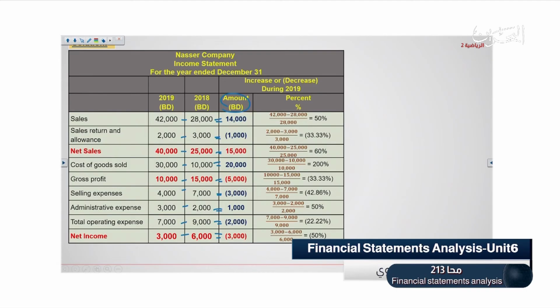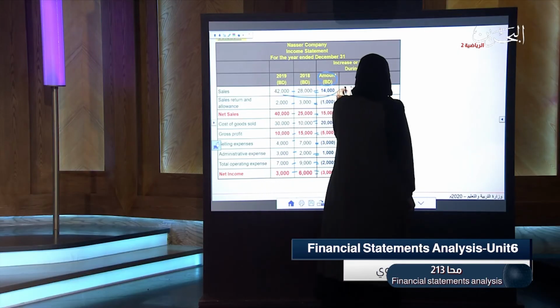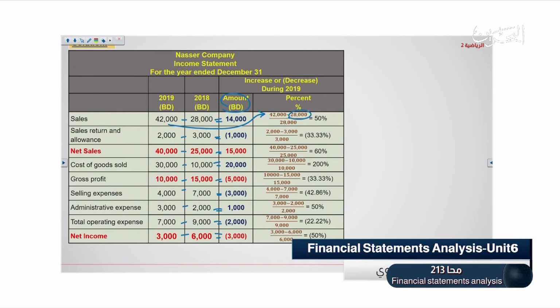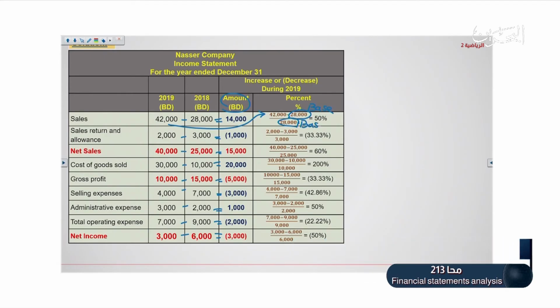Okay, for the percent, it's the same formula. Let's see the sales. We will add the current amount, minus the base over the base amount. It will give us 50%. The same for the sales return.